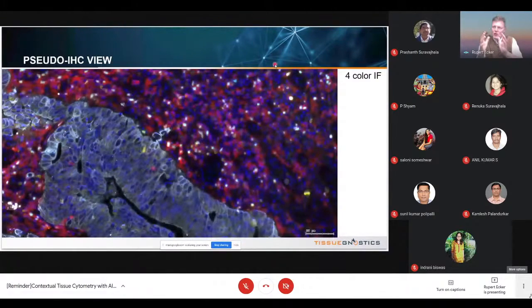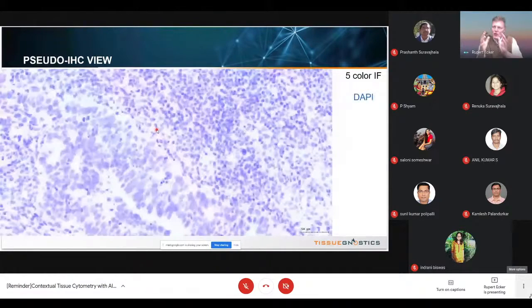Many, especially people working in histology or pathology, are very used to looking at samples in the typical immunohistochemistry format, that means in transmission microscopy. Therefore, we have introduced what we call the Pseudo IHC View. We see here a fluorescent sample with 4 colors, and we can digitally convert a fluorescence image into an immunohistochemistry image.